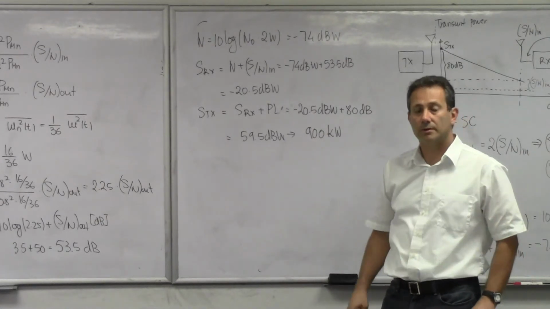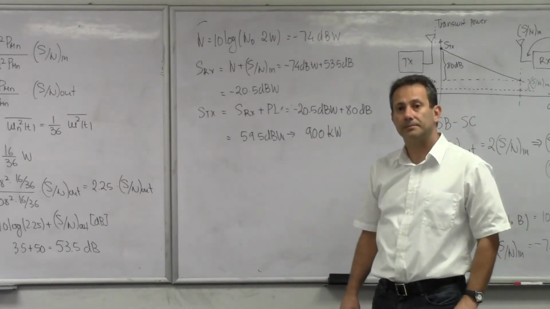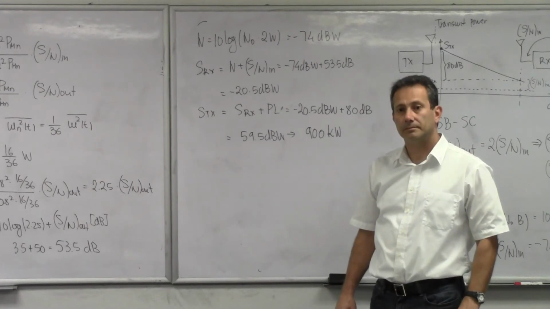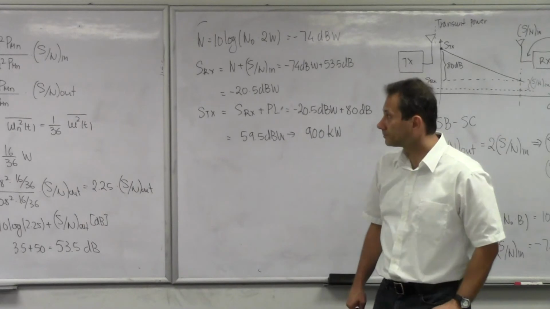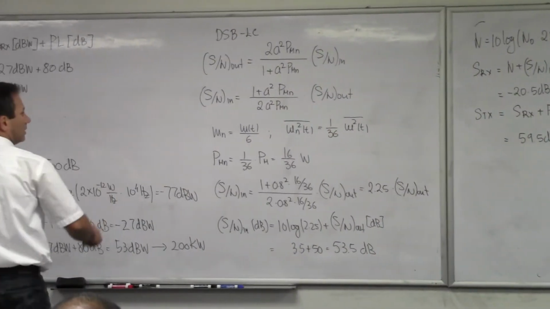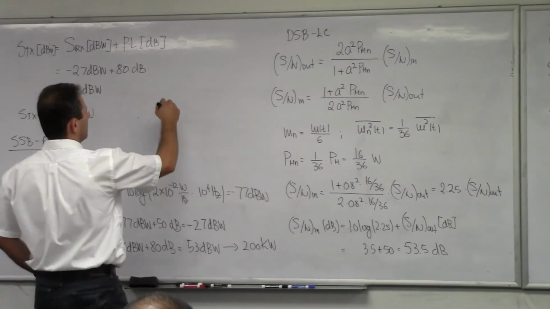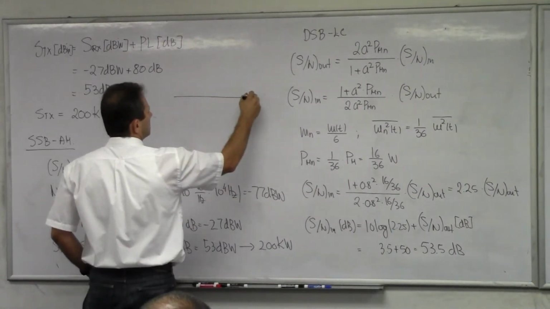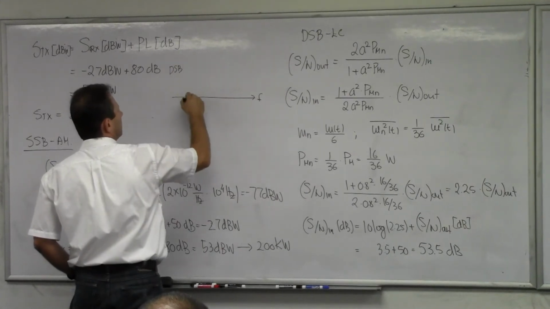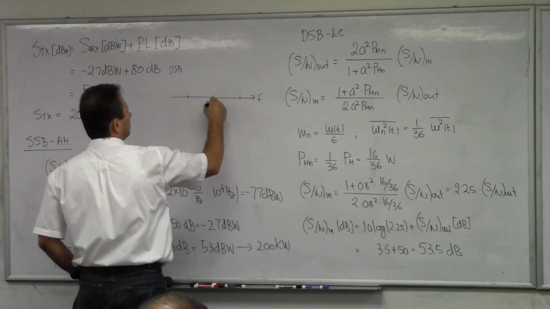What was the question? You said there is a trade-off between the single sideband and the double sideband, but I see the power from the transmitter is equal to 200 kilowatts. Let's draw this in the spectral domain. This is double sideband. You have a bandwidth of 2W.